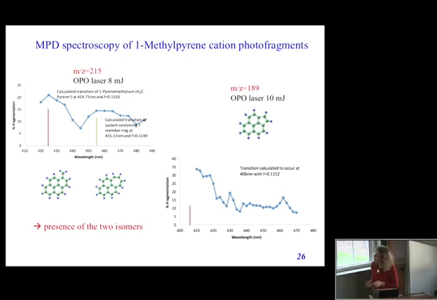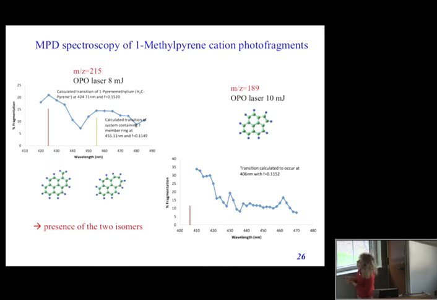Well, the spectroscopy was not so beautiful in this case, but I think we got some information anyway. For 215, we actually observed two bands. They look broad, but actually it should be scanned at a higher step, but they are broad intrinsically, I think. And they correspond quite well to the 2 bands predicted for the 2 isomers, which is good.